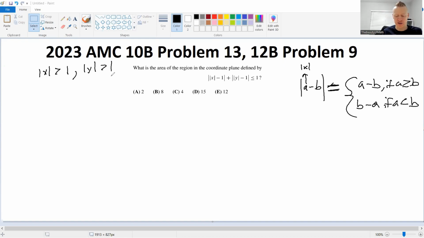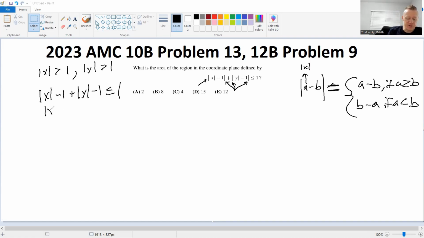So if those things are true, then what will happen? If that happens, I don't need the outer absolute value here, here, and here. I could just take it off. And so I would then have a new equation that says absolute value of X minus 1 plus absolute value of Y minus 1 is less than or equal to 1.